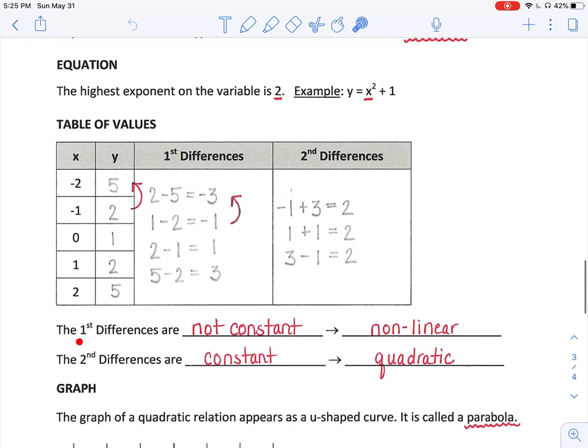The first differences are not constant, therefore it is nonlinear. However, the second differences are constant, which means that this is quadratic. So when the second differences are constant, it is quadratic. Another way is looking at this and saying, oh, it has the degree of 2, it's quadratic.